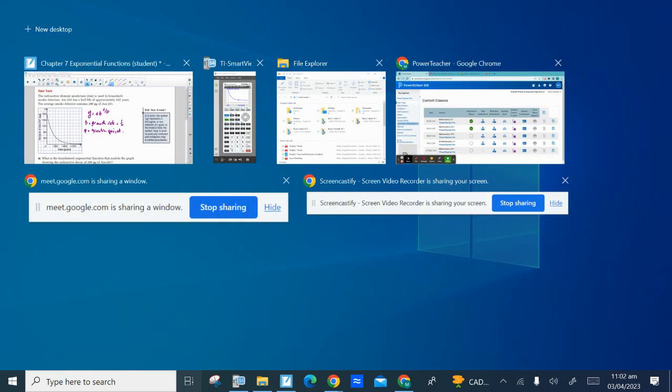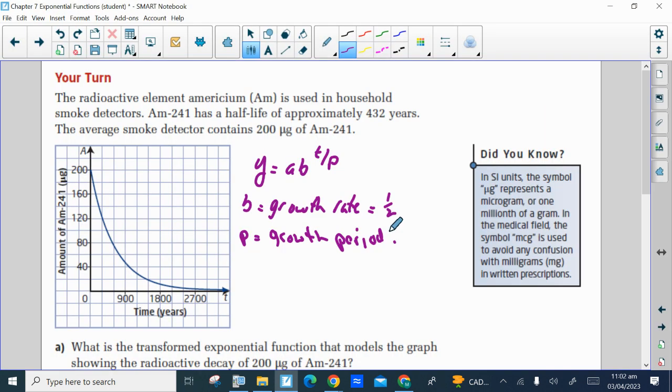How long it takes for the amount of the element to disappear to half of what it was before, that is 432 years. In this case, the x-axis is an asymptote, so there is no k value. So again, we can start to write our equation. Y equals a times b, which is a half, to the power t over 432.